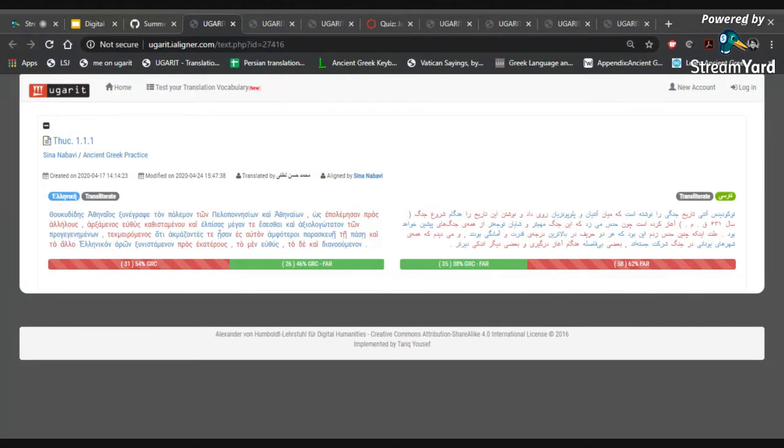And in a way, this is the part that I was talking about: that the approach of each learner to translation alignment itself could be quite interesting. So, for example, in the Persian translation, we don't have this exact phrase starting from hosso epolemeson pros allelus.